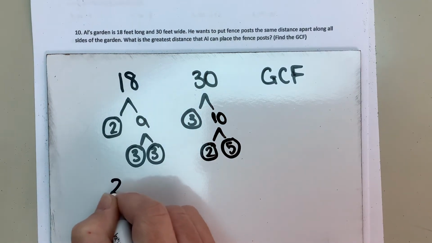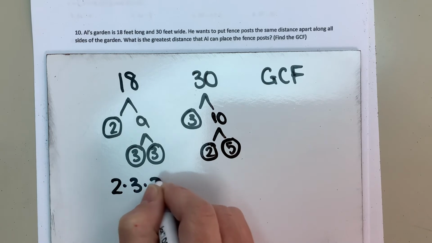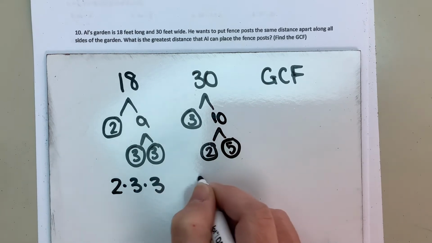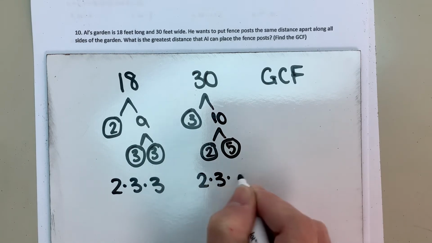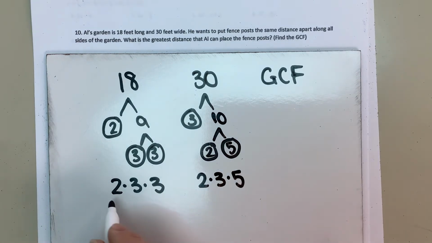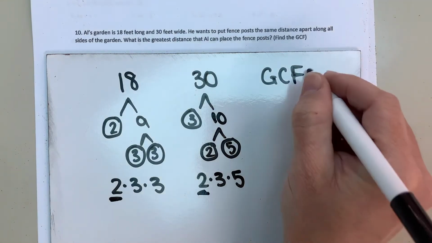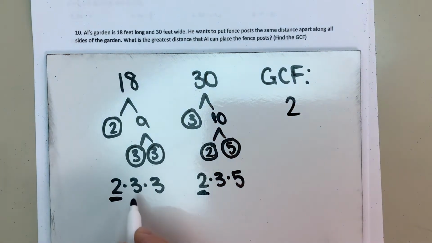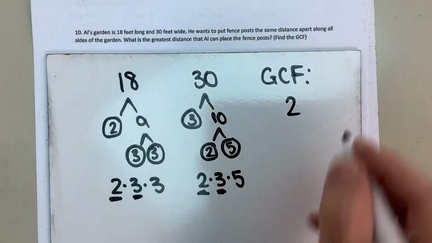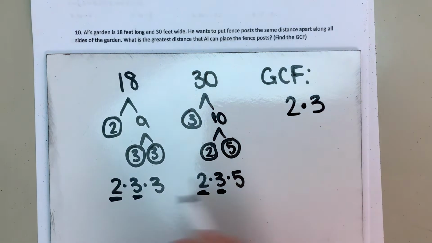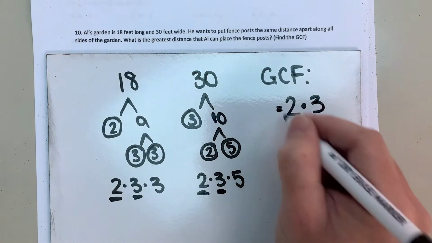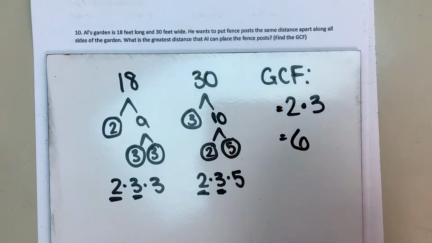So what we want to look at for the greatest common factor is, what do they agree on? Well, they both agree on a 2. So we're going to use that. They also both agree on a 3. So what is common is the 2 and 3 in both of these, which gives us a greatest common factor of 6.